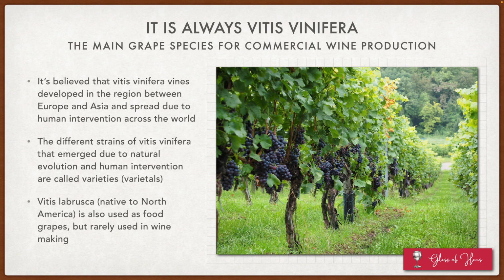But we know that Vitis vinifera comes in so many different varieties, and these really emerged due to natural evolution and human intervention. There are other types of grape species, of course, like Vitis labrusca, which is native to North America. For example, most of the table grapes we have, but that's rarely used in winemaking.